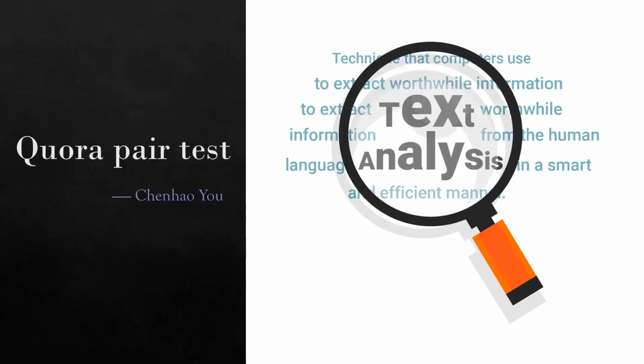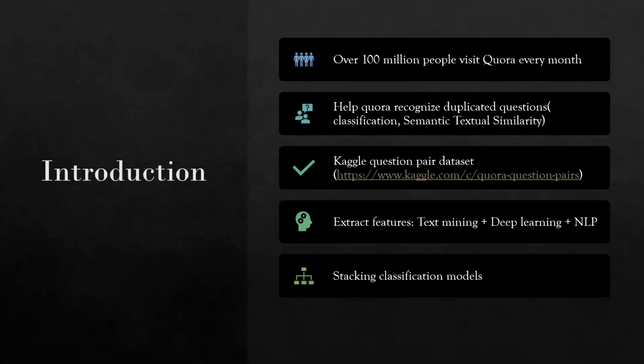So my project is about Quora question pairs. I'm Chen Hao. Quora is a question answer site where anyone can ask a question and get answers. Over 100 million people visit Quora every month, so it's not surprising that many people ask similar questions.